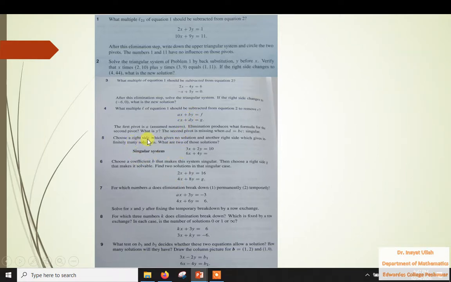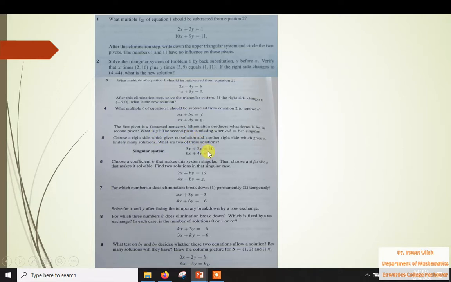Choose a right side which gives no solution and another right side which gives infinitely many solutions. What are two of those solutions? So the first thing is to choose a right side which gives no solution.